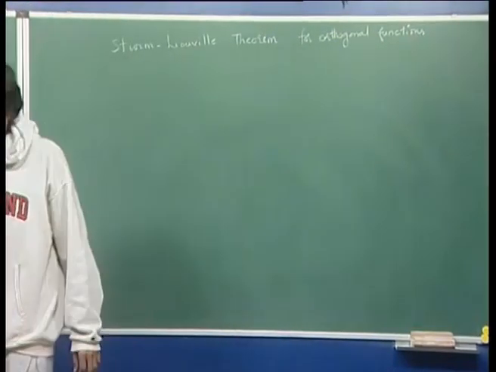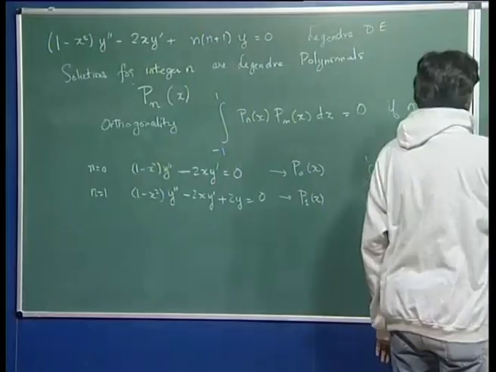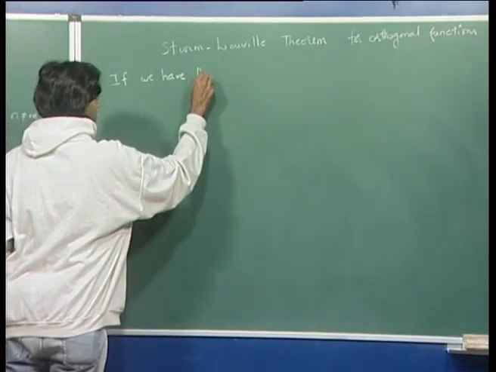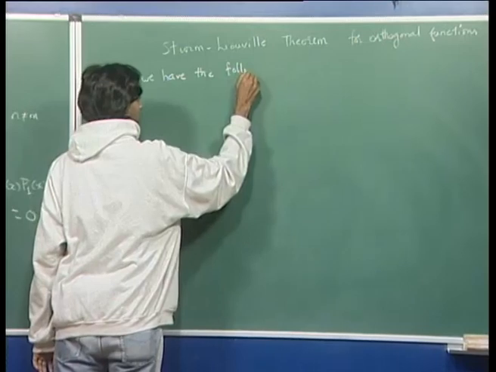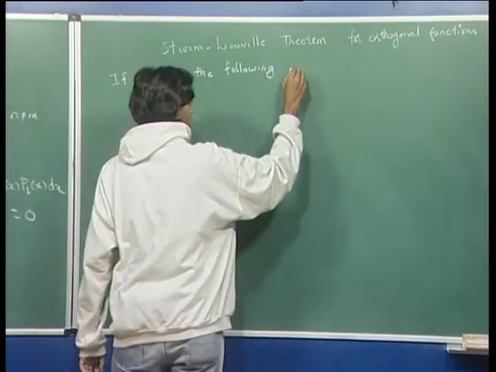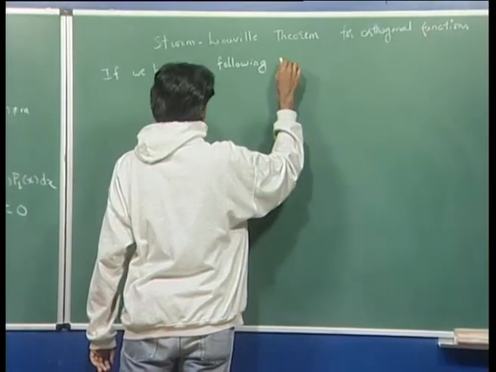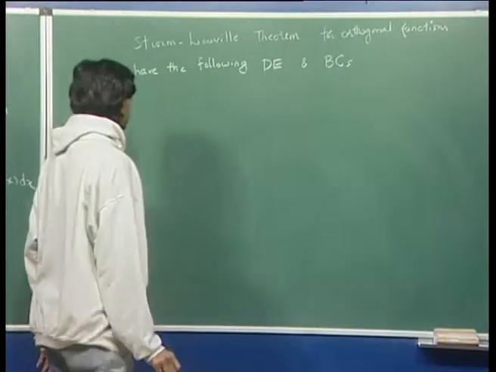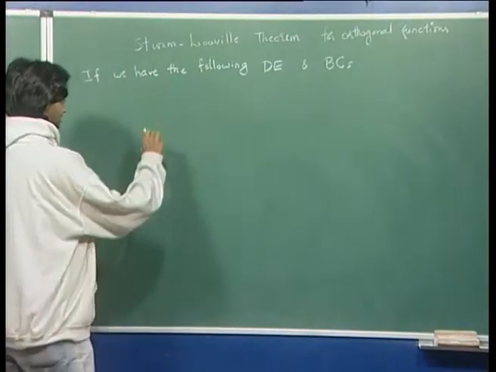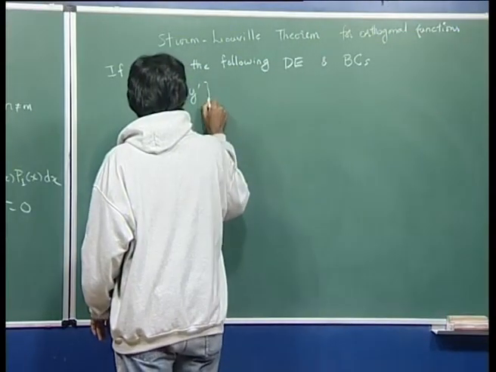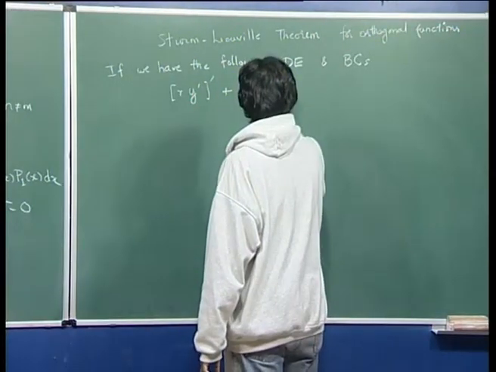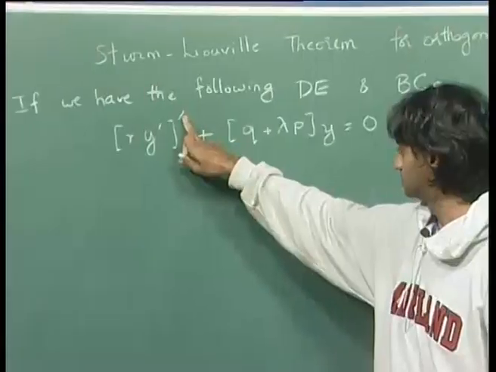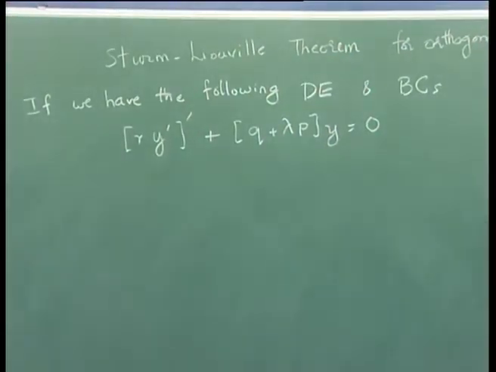Now, according to the Sturm-Liouville theorem, if you have the following differential equation and boundary conditions, the differential equation is (r y')' + (q + λp) y = 0.